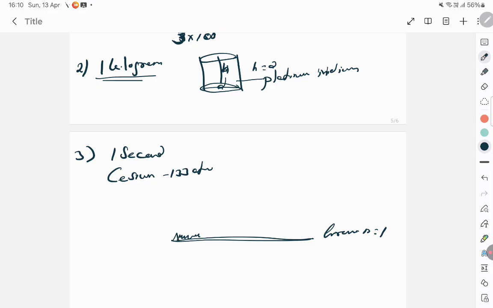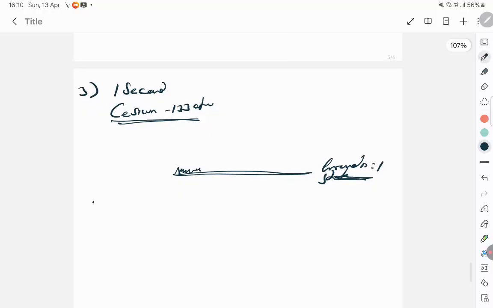The cesium 133 atom's vibration in the ground state takes a time period which is 1 second. 1 second is the time taken for the transition between two hyperfine lines of the ground state of cesium atom. So just forget about it. For the vibrations in the ground state takes 1 second. Leave it like that. For cesium 133 atom is something you need to remember. So let's go to fourth.